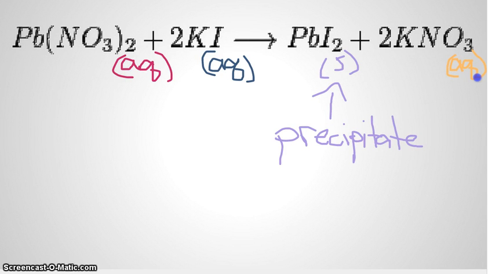So because we have this one product here that is insoluble, that tells us that this reaction will take place. So if I were to actually combine the two aqueous solutions on my reactant side, I would end up with a new cloudy substance in my product side that would sink to the bottom.